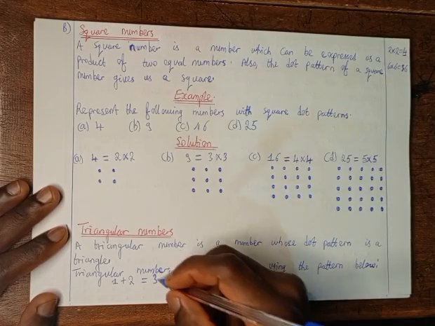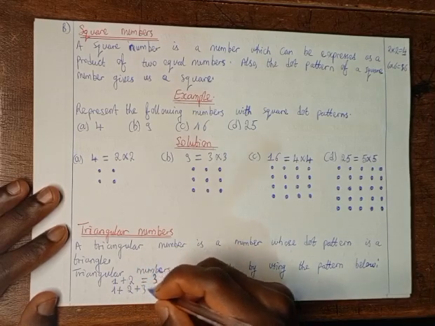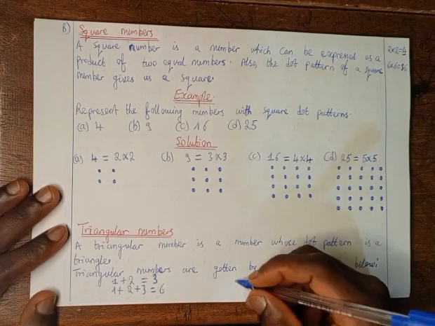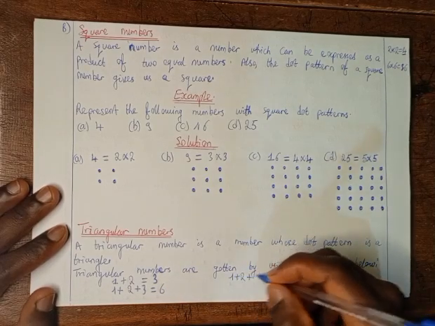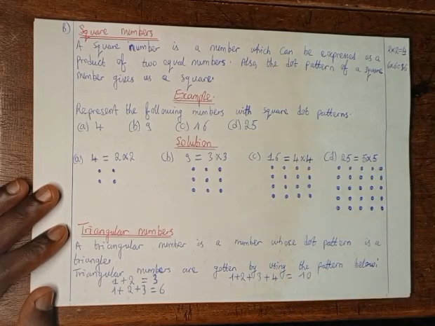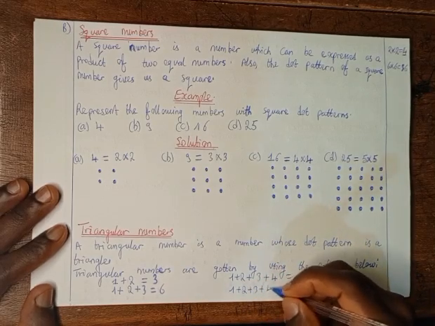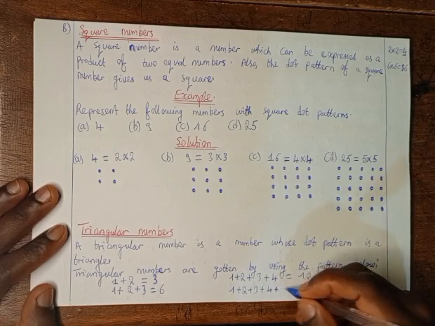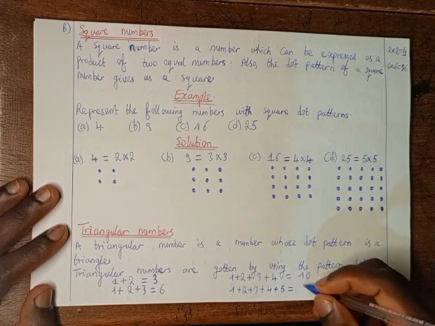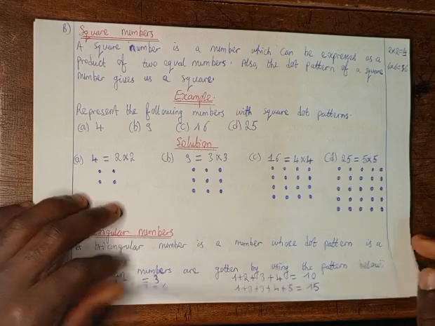For us to get the next, we are simply going to take 1 plus 2 plus 3. It gives us 6. 6 is a triangular number. For us to get the next, we are going to take 1 plus 2 plus 3 plus 4, which is equal to 10. 10 is a triangular number. Next, 1 plus 2 plus 3 plus 4 plus 5 is equal to 15. 15 is a triangular number.